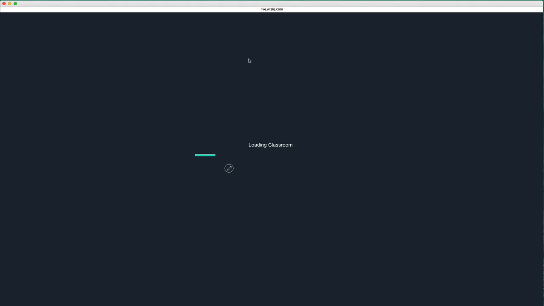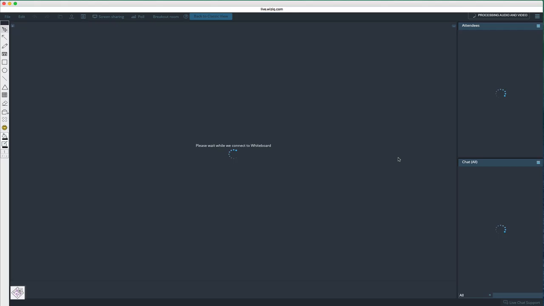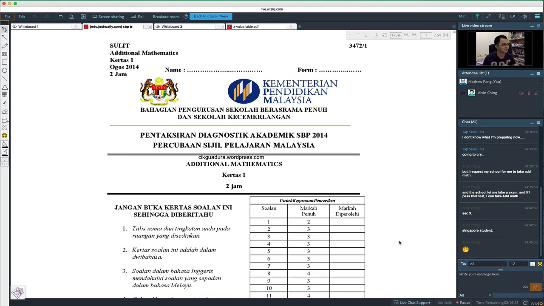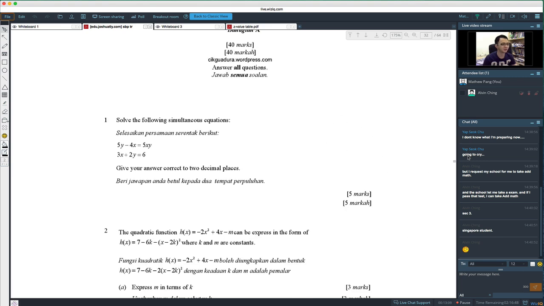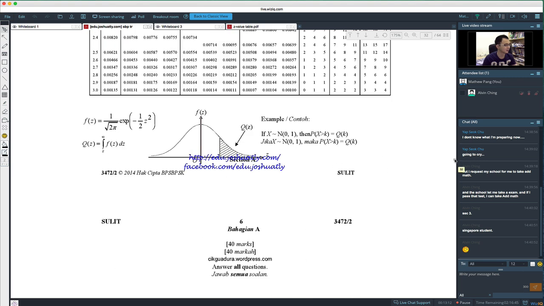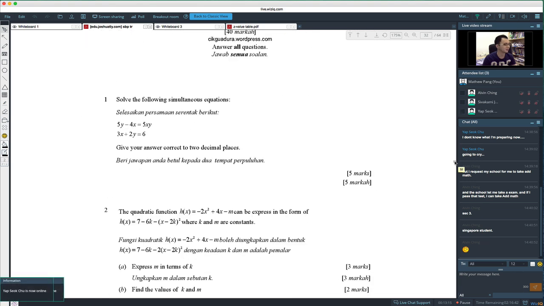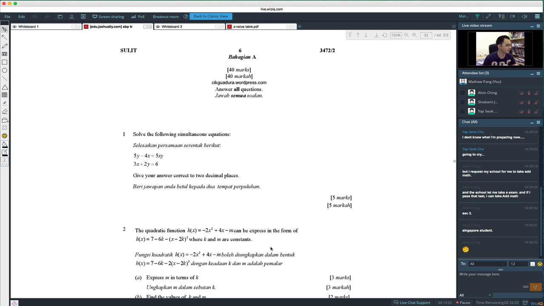Just wait a few seconds. It's still the same, not much different. It's fine. I need more space to actually write, so I just hoped I could scroll the paper to the side a bit. Okay, anyway, I give up.